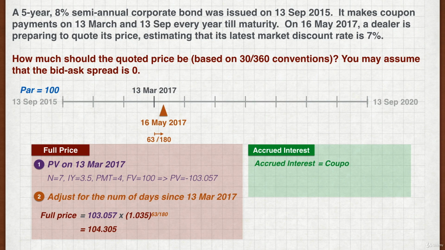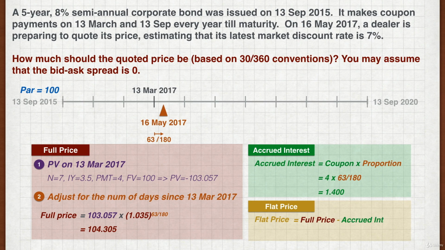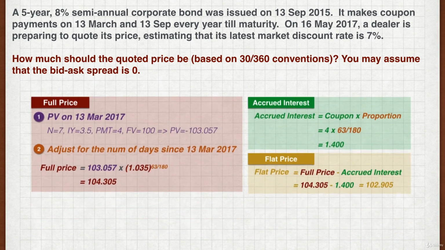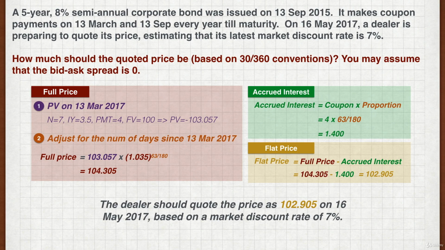Using the formula of coupon payment times the proportion, we get an accrued interest of 1.4. The quoted price is simply the flat price, which is the difference between the full price and the accrued interest. The dealer should quote the price as 102.905 on 16th of May 2017, based on a market discount rate of 7%.